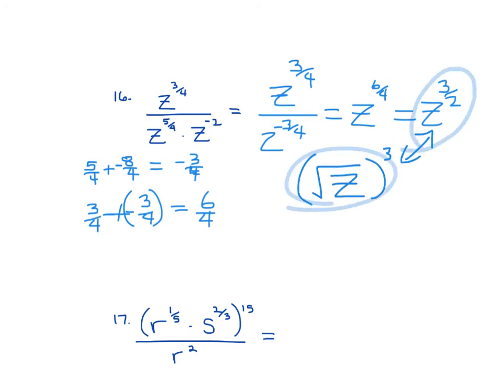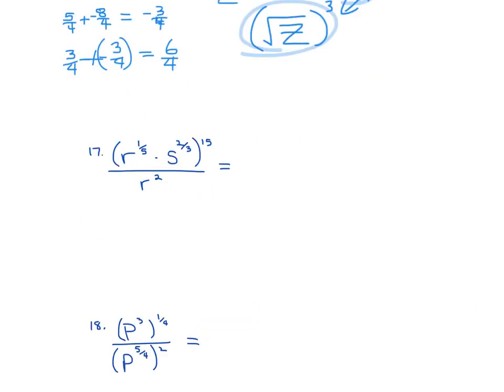If it were a number, you would actually find the square root and then cube it. But because we don't have a number here, we don't know the value of z, you can leave it with the fraction. You just have to simplify the fractions and get it into one letter with one fraction.